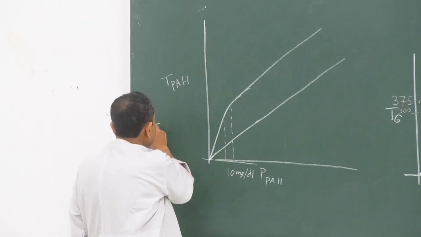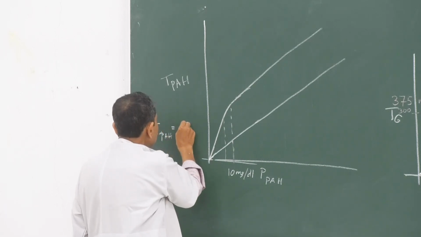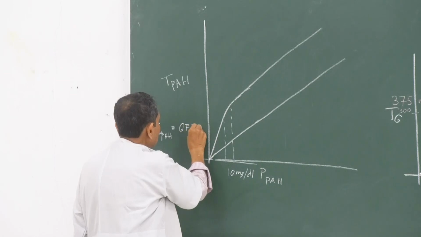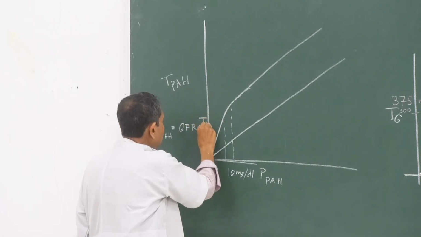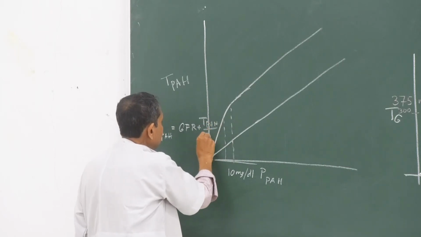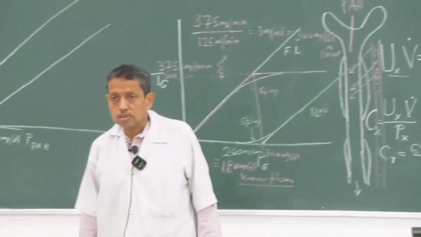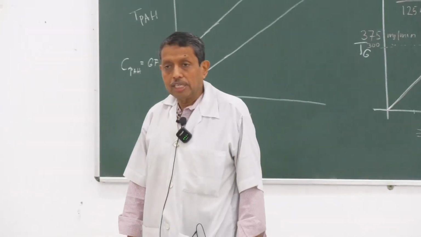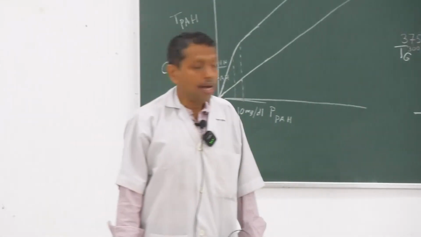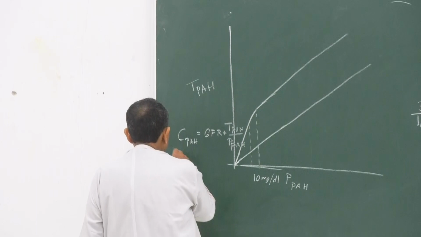And the clearance of PAH is GFR plus TPAH by plasma PAH, according to this one. So it is more than GFR, and it corresponds to the effective renal plasma flow.